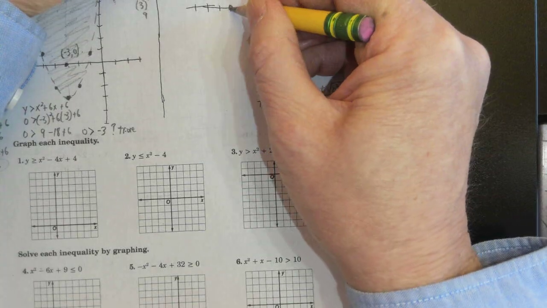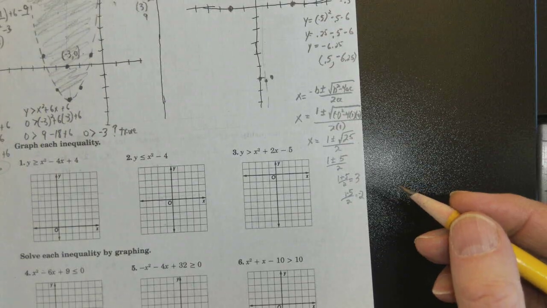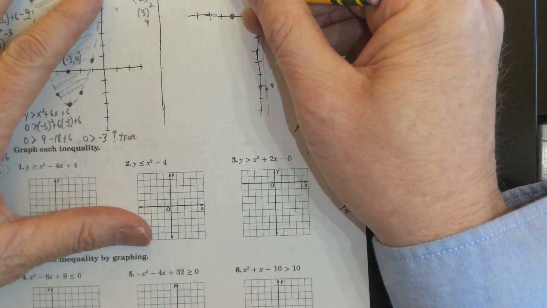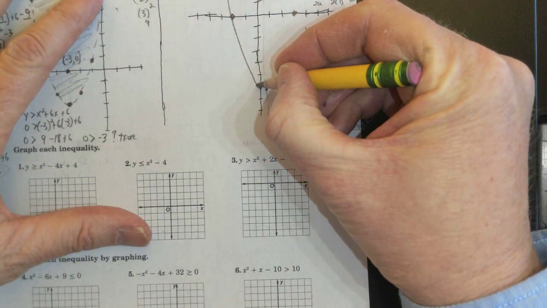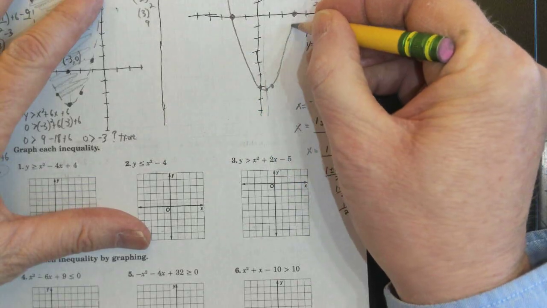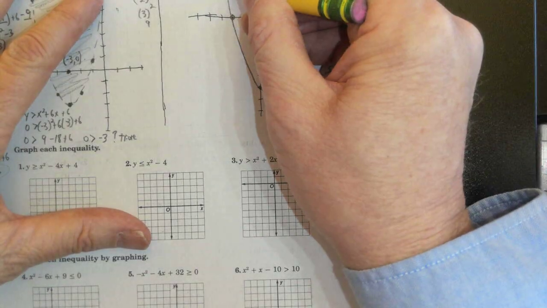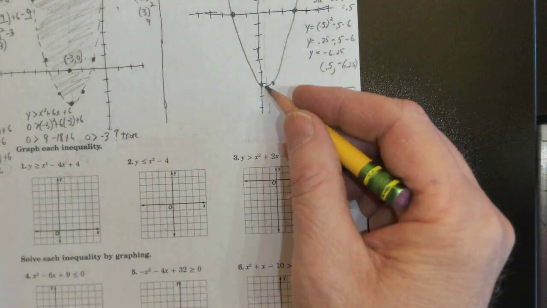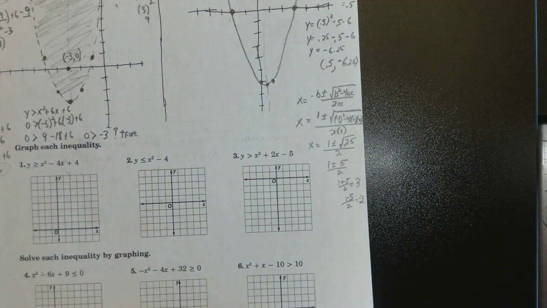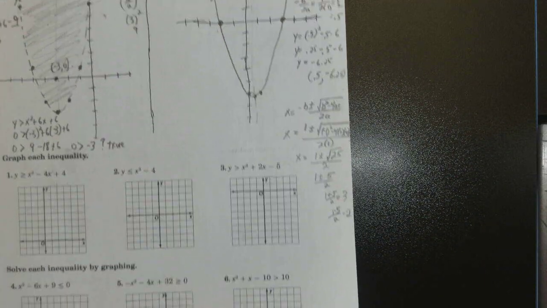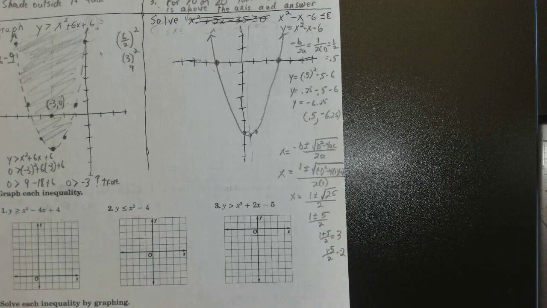So 3 and negative 2. Those are the zeros. Okay, I'm not worried about solid or dotted here, per se. I'm worried about just kind of the vertex and the zeros of the parabola. So getting that plotted. Is everybody good there?